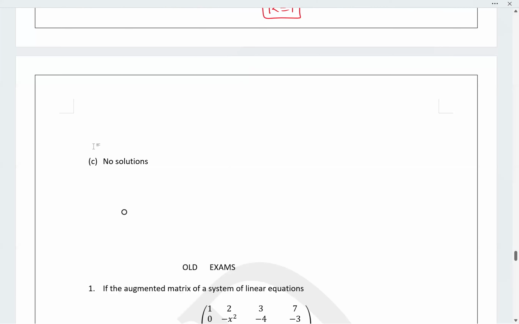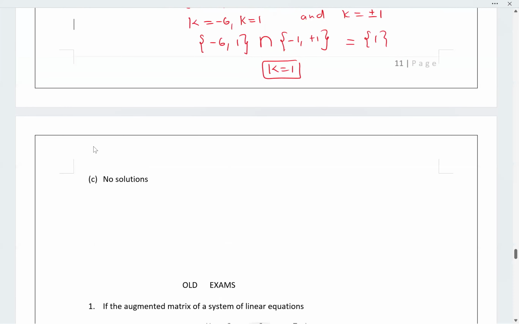Then no solution. When do we have no solution? No solution can happen if your last row is 0, 0, 0, and the right-hand side is not 0. Because if this is 0 and this side is not 0, then it means it's false.